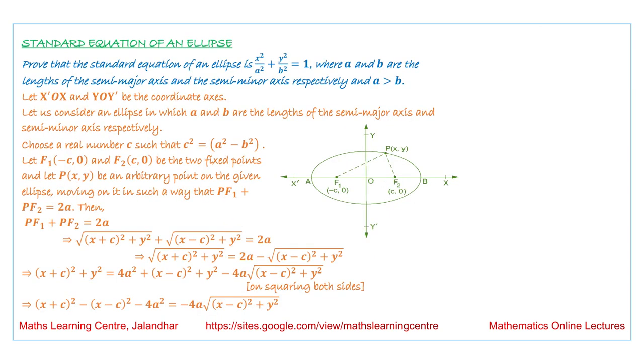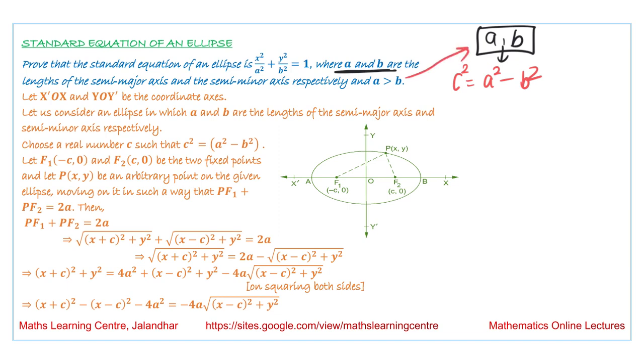Now the next thing we have to do is to find the standard equation of an ellipse. In the first part we are saying, suppose an ellipse is given whose semi-major and semi-minor axes are of length a and b. Corresponding to these two, we can find a number c such that c square is equal to a square minus b square.